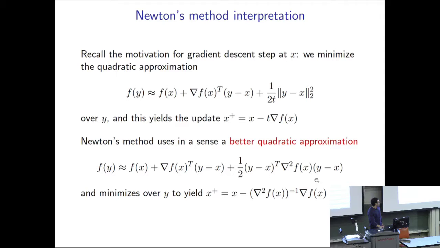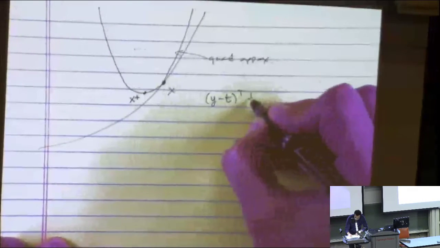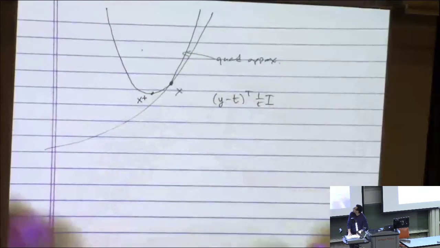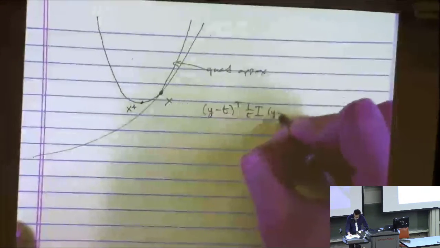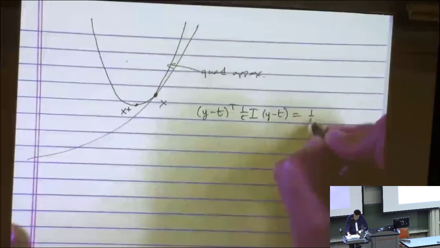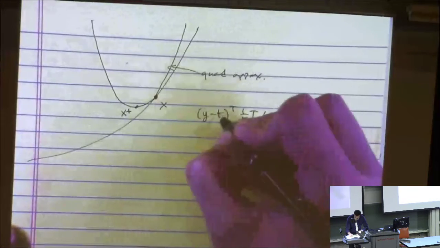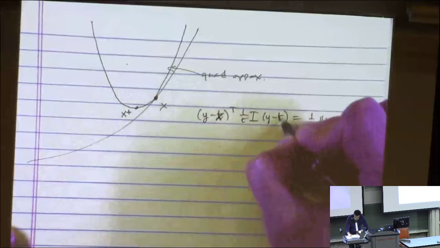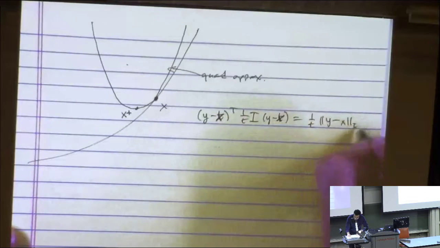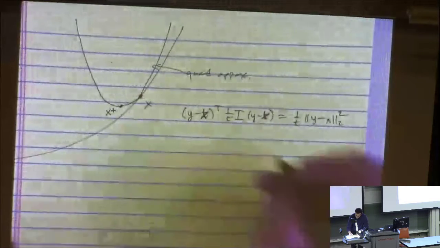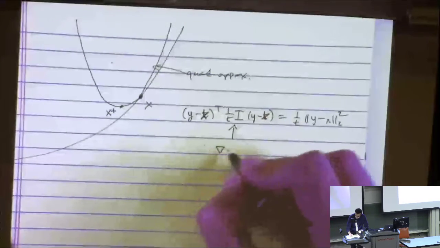Newton's method plugs in what we would see in a second order Taylor expansion of our function. So instead of seeing 1 over 2t times the norm of y minus x squared, which we can think of as approximating the Hessian by 1 over t times the identity, Newton's method actually replaces this with the Hessian of our function itself.